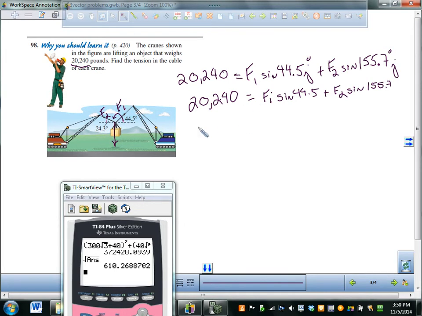or right, you also know that the horizontal components have to be equal. And the horizontal component on this cable is force 1, whatever, because that's the magnitude of the force on that cable.